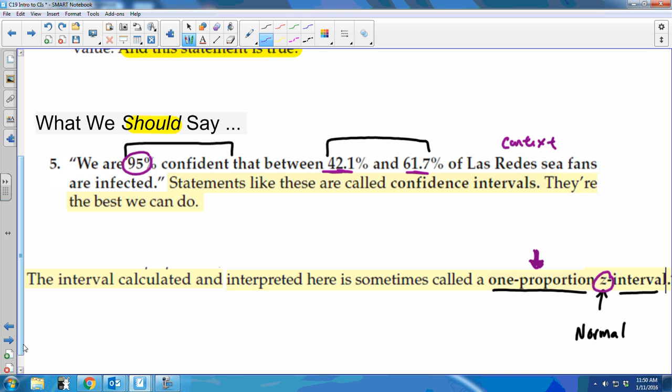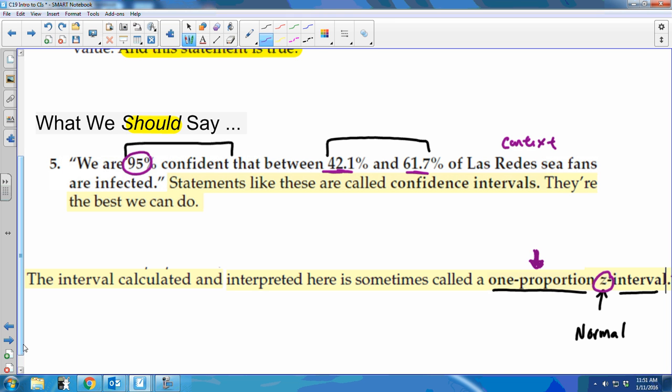So this one is a 1 proportion because we're dealing with 1 proportion. Z indicates you're using a z-score idea, which indicates you're using a normal model. So Z interval. It's not super hard to remember, but at the end of this, we're going to have 6 of them. You have to know which one's which. So 1 proportion Z interval is what we're talking about. Again, we'll calculate them tomorrow.